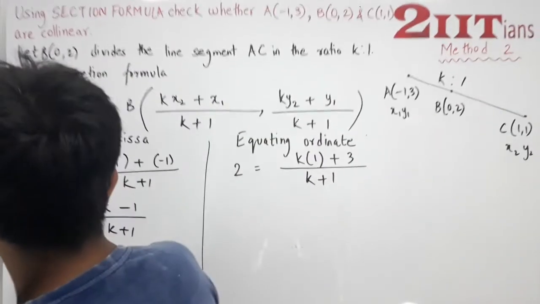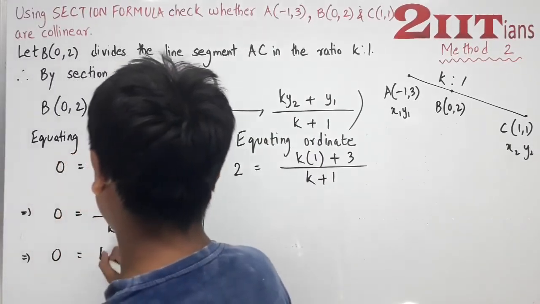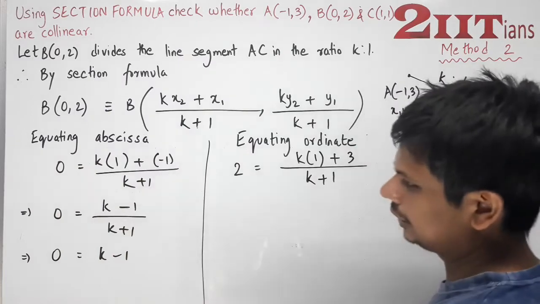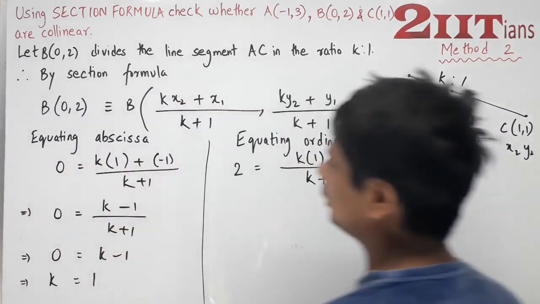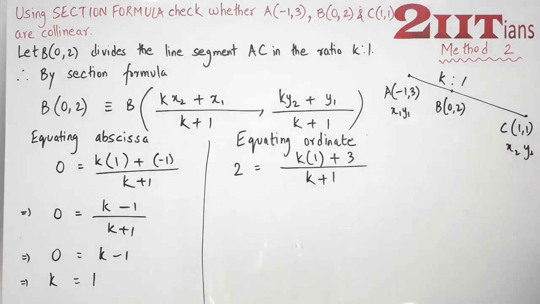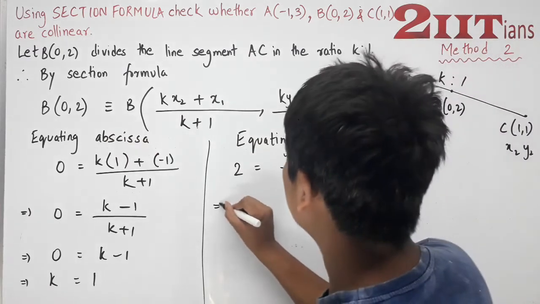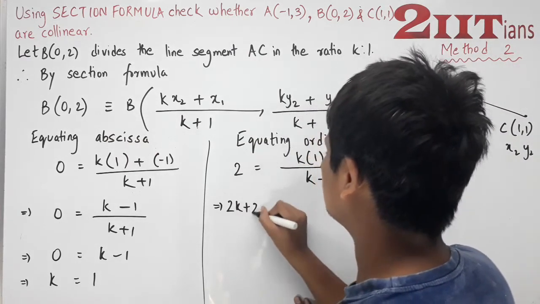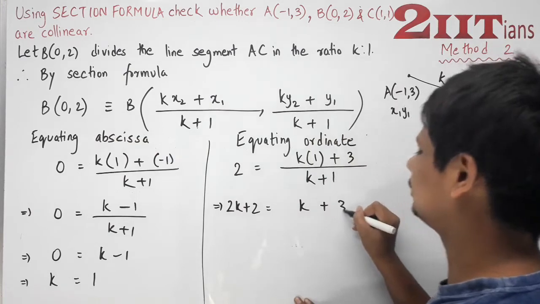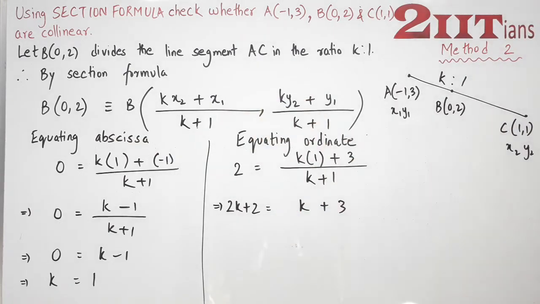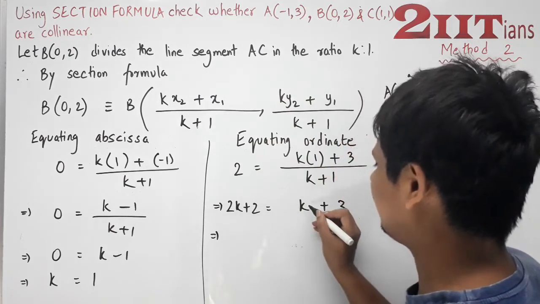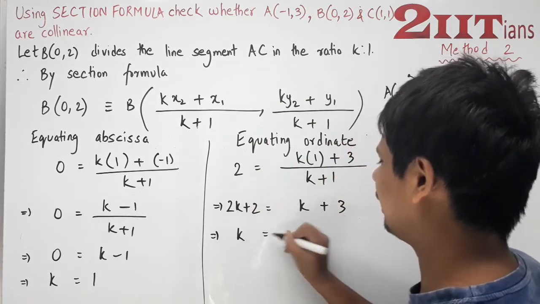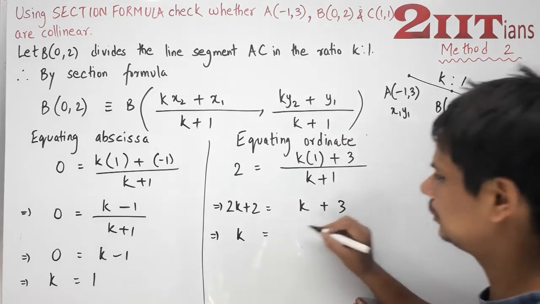So here nothing new has to be done. K minus 1 is here and this brings K equal to 1. So here also K equal to 1 should come if everything is true. 2K plus 2 is equal to K plus 3. We have multiplied K plus 1 on the left hand side, and 2K minus K will become K, 3 minus 2 will become 1.